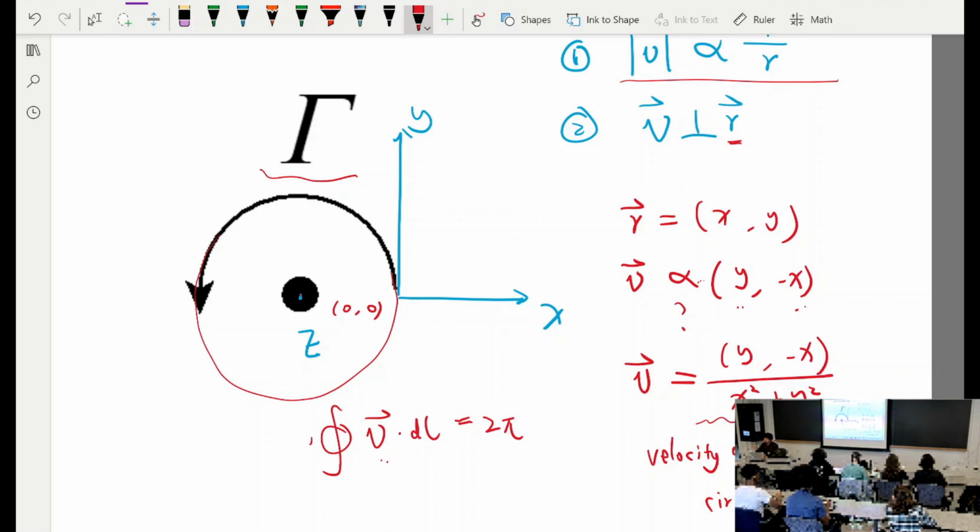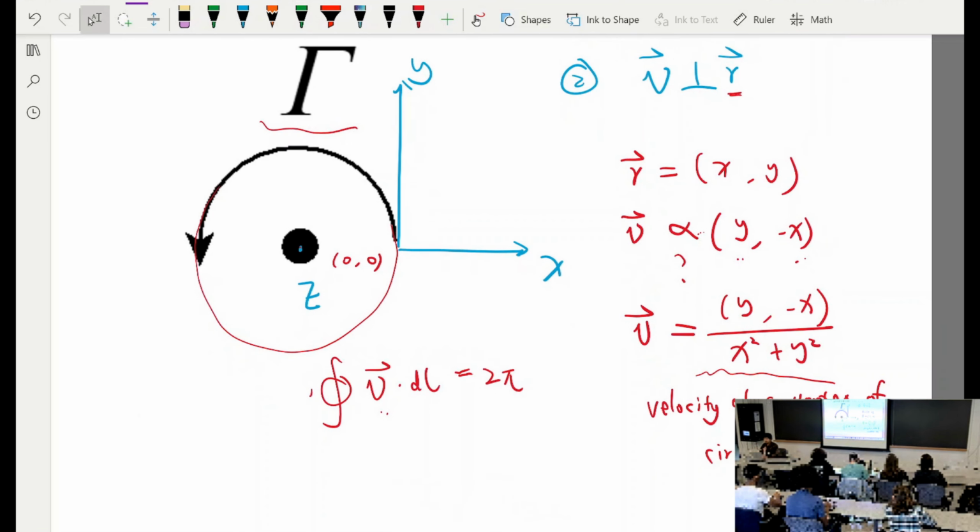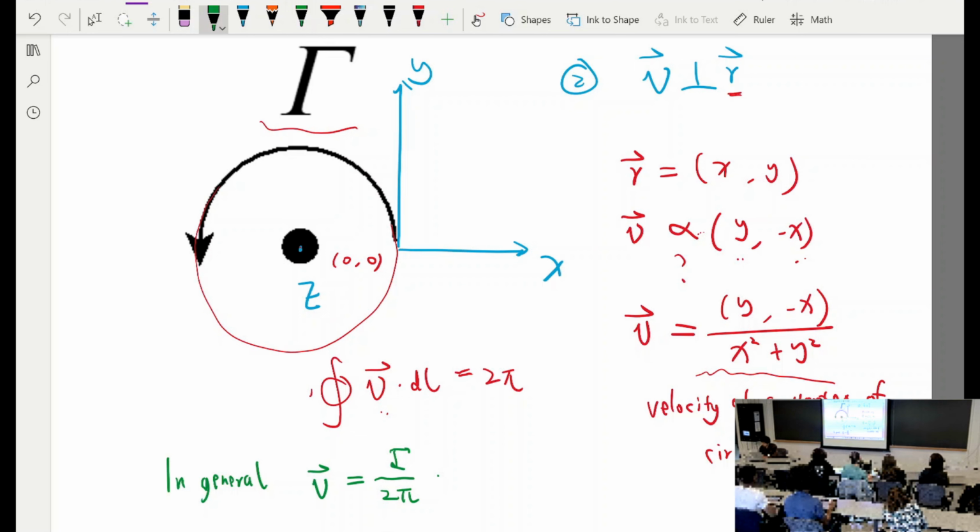So in general, if you have a vortex of circulation, maybe not 2 pi, but some gamma, the velocity would be gamma divided by 2 pi times the vector field y minus x divided by x squared plus y squared.